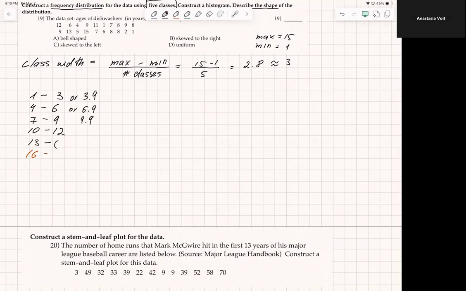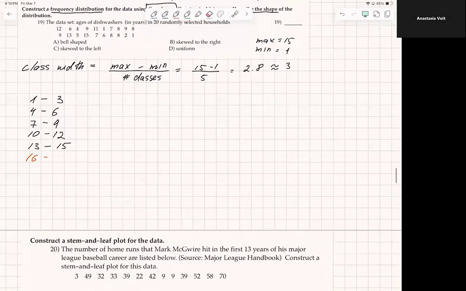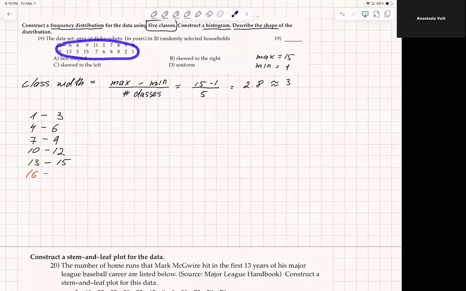So in this case, it's easier to calculate the upper limit for the fifth class. So that's going to be 1 less than 16, which is 15 in this case, or 15.9. I will be just using the whole numbers, but again, look at the raw data or the values that you have. If you have any decimal places here, or some values in decimals, then don't forget to put the decimals here as well, okay? So now we can erase the 16 because we don't need that.